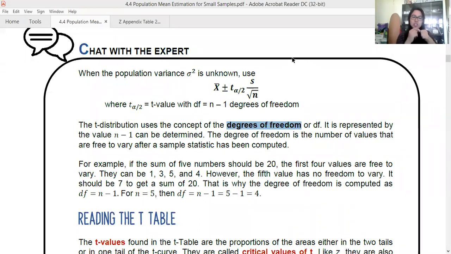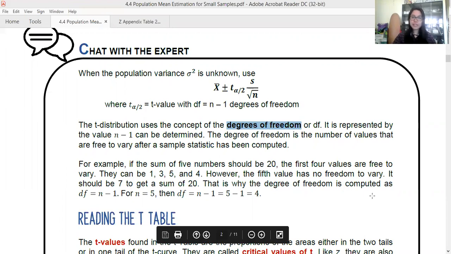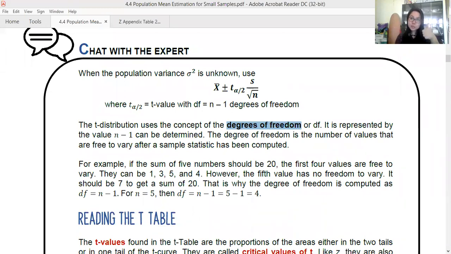He or she should get the number of guavas needed to reach the total they expected to have. Among 5 people, 4 have the degree of freedom. That is why the formula for degrees of freedom is n minus 1. If your sample size is 10, then 9 will have the freedom to vary, but the last one will not.